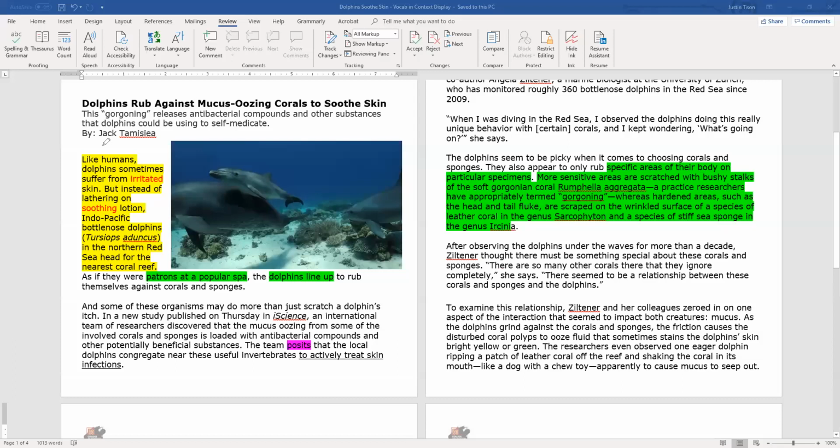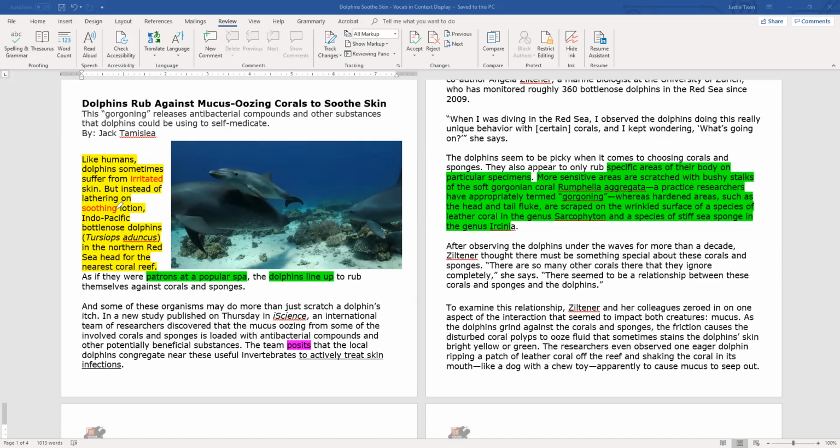The sentence says, like humans, dolphins sometimes suffer from irritated skin, but instead of lathering on soothing lotion, Indo-Pacific bottlenose dolphins, Tursiops aduncus, I think I said that right, in the northern Red Sea, head for the nearest coral reef. In this example, I've put irritated and soothing in red font to indicate that I don't really understand what those mean.